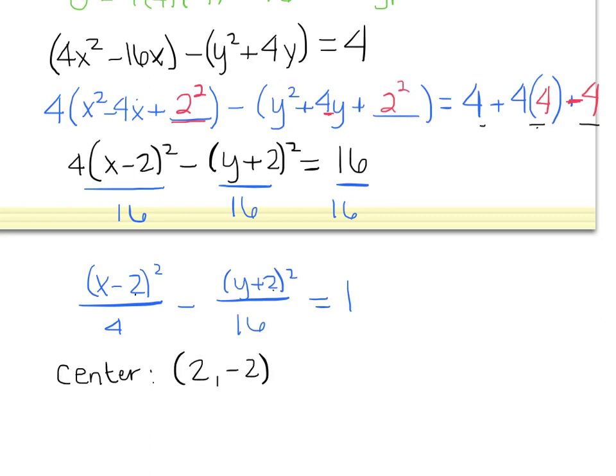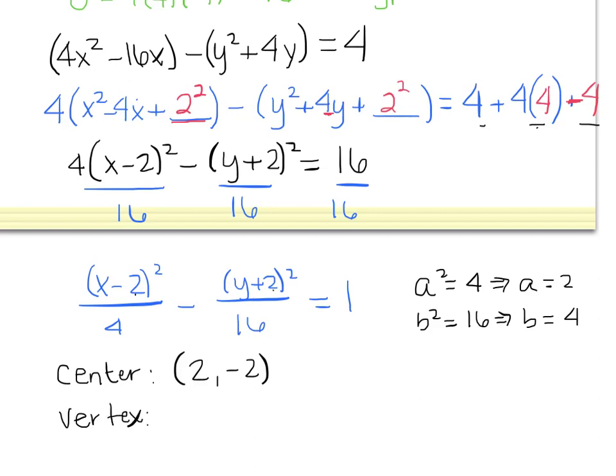And with a hyperbola, if you recall, a goes underneath the first term, so my a squared term equals 4, which tells me that a is equal to 2. My b squared term equals 16, which tells me that b is equal to 4. So what I have to do now is to find my vertex point.